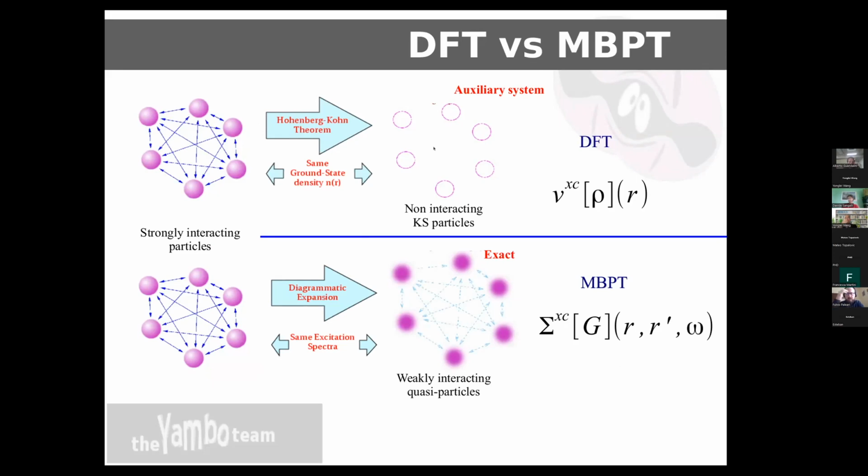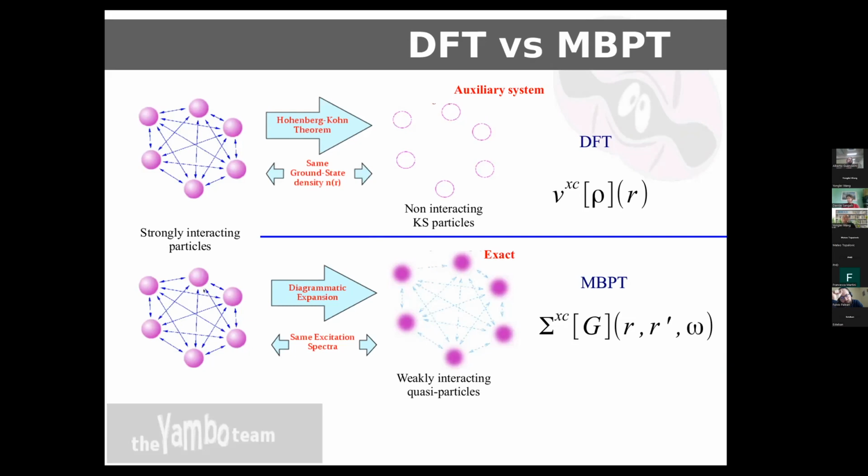And the price you pay is that you have this exchange correlation potential, which is local in space and static. And still you have an exact representation in DFT, but by exact, I mean that you can compute some properties of the system, and in particular the density, in an exact manner.